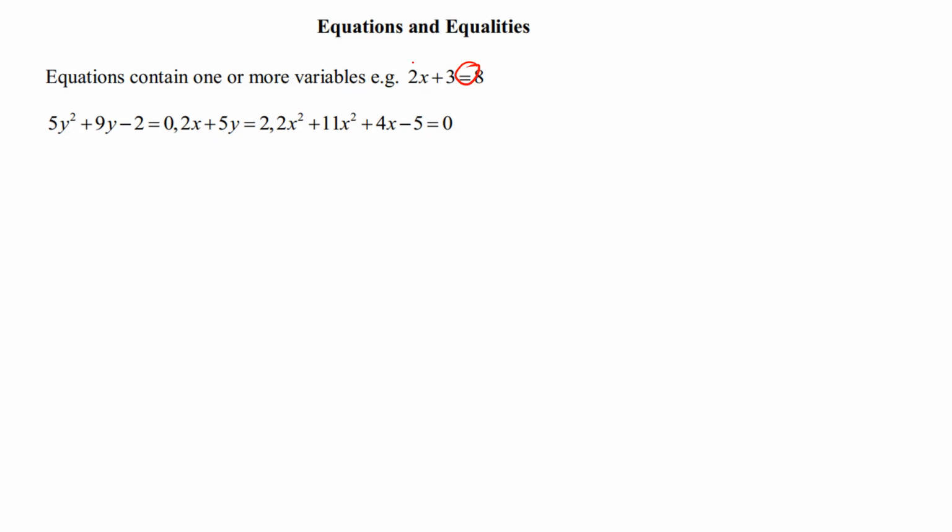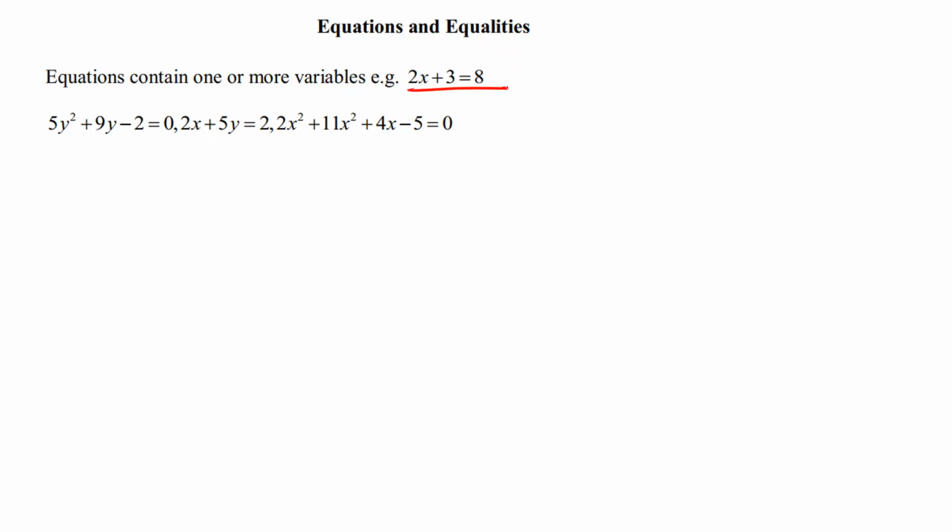Apart from that, it will also have to contain a variable. This is an example of an equation, because there's a variable there. You can have one or more variables in one equation, and you also need an equal sign for it to be an equation.